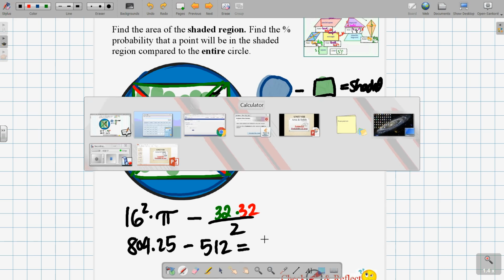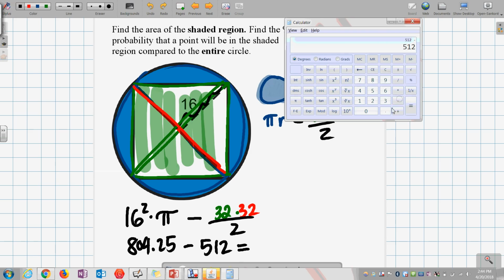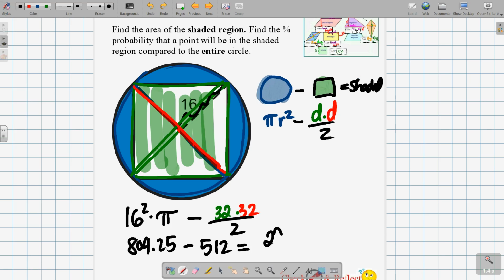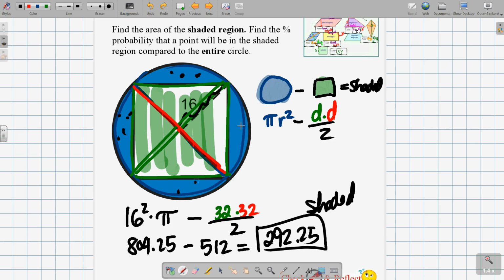You get your shaded region. I've got 292.25 is your shaded region. Box it, you should have gotten your shaded region. Now we want the percent probability that a point will be in that shaded region compared to the entire circle.